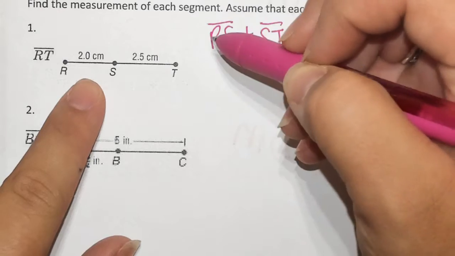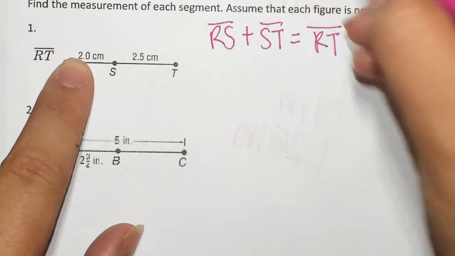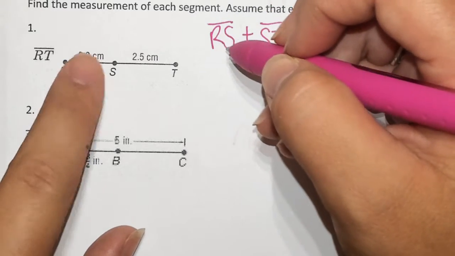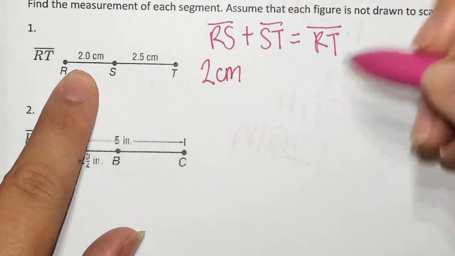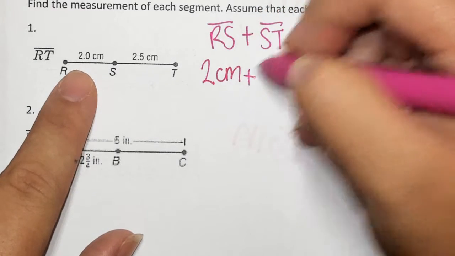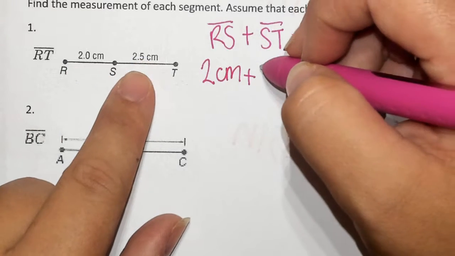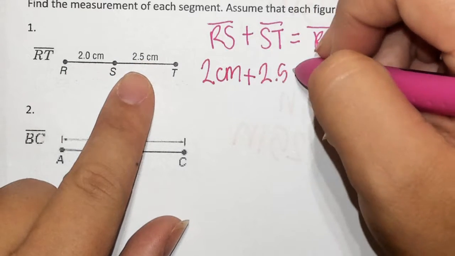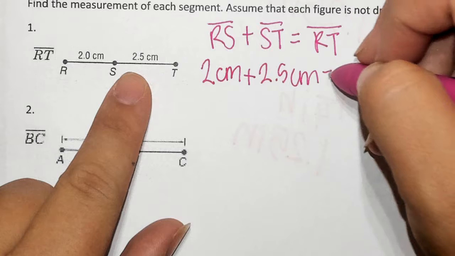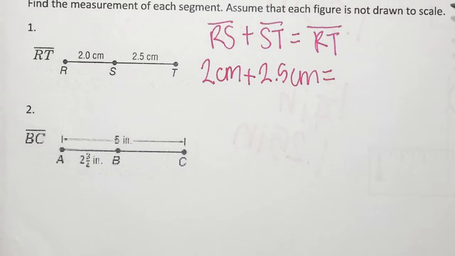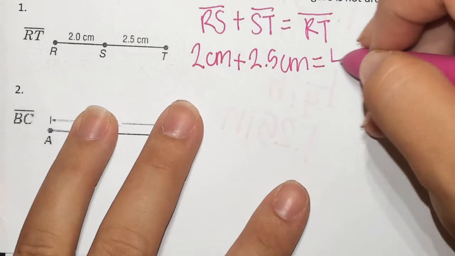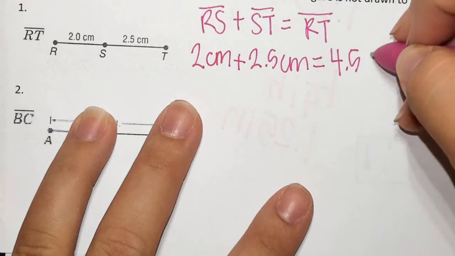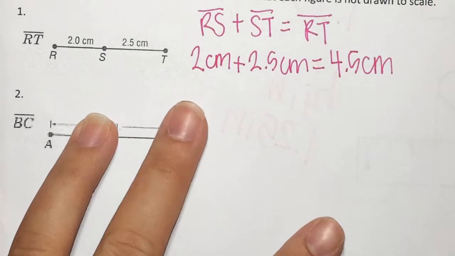I know RS is 2.0 centimeters. So instead of writing RS, let's write what it is. It's 2 centimeters. And ST is 2.5 centimeters. So when I add them together, how many centimeters is RT? 4.5 what? Centimeters. Good job.